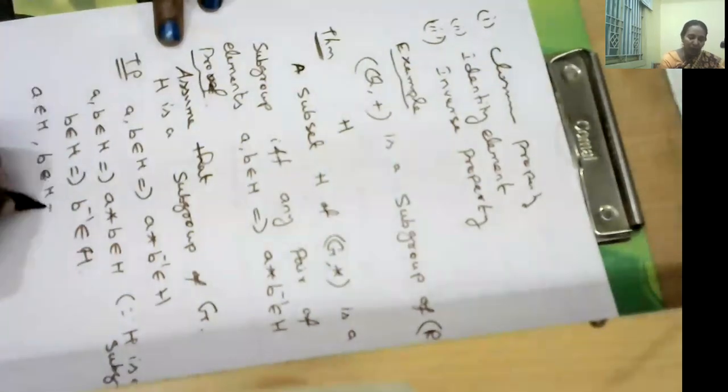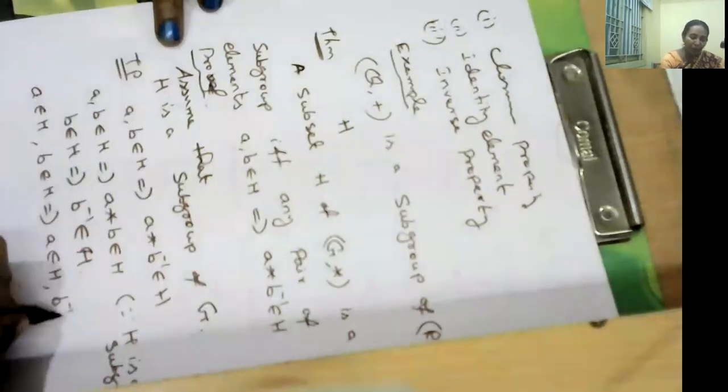So now, using this, a belongs to H and b belongs to H implies a belongs to H and b inverse also belongs to capital H, because b belongs to H gives b inverse belongs to H. Again, two elements from H are closed.